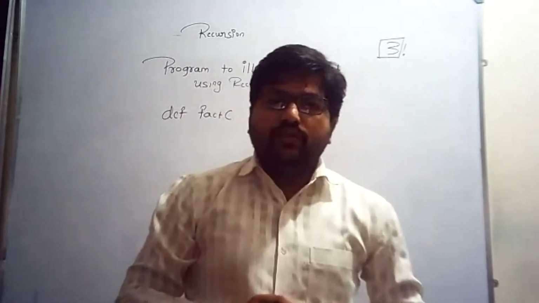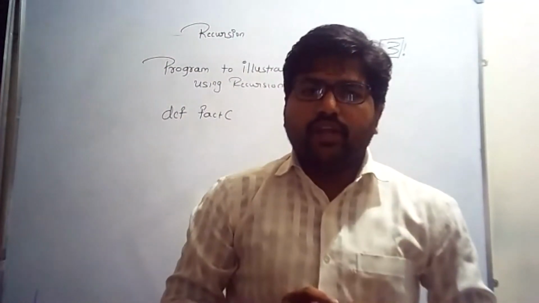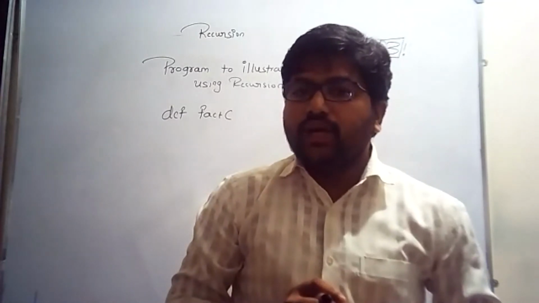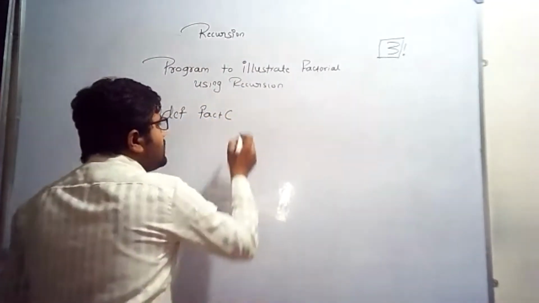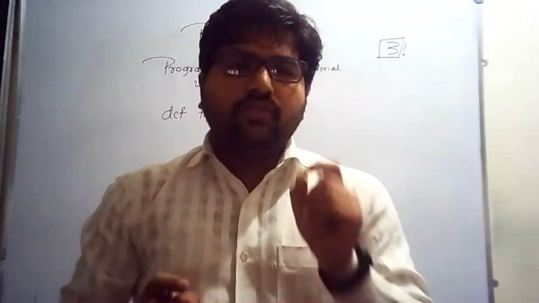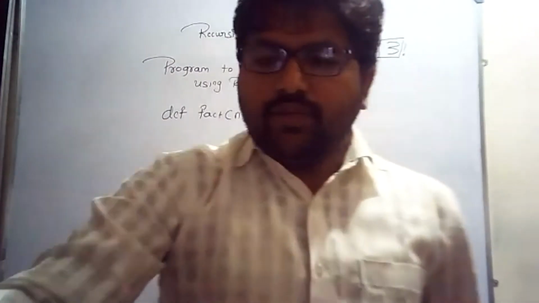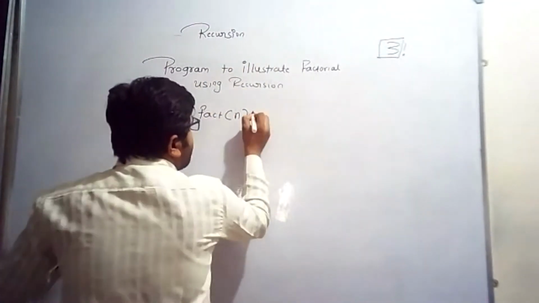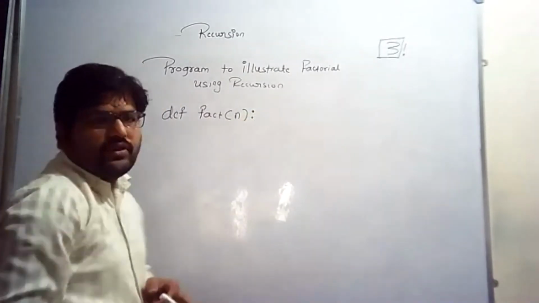Here we denote it as object. To hold the object I need to pass the formal parameter, that is one variable, that is n. def of n, and next I'm going to give the colon.